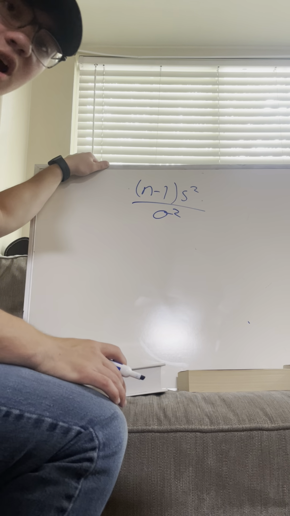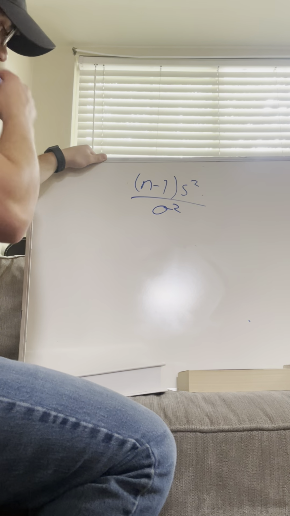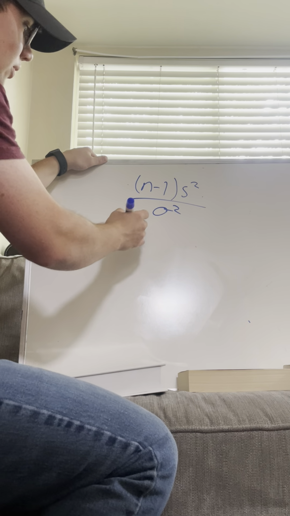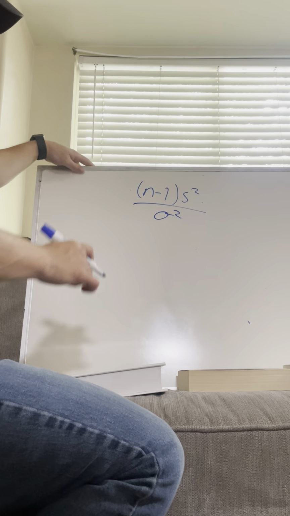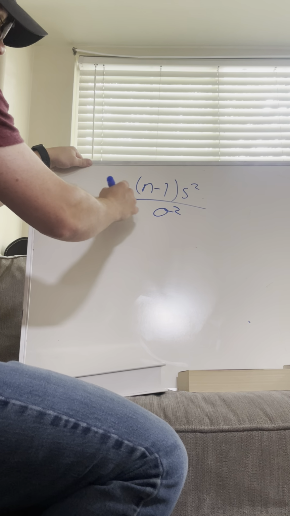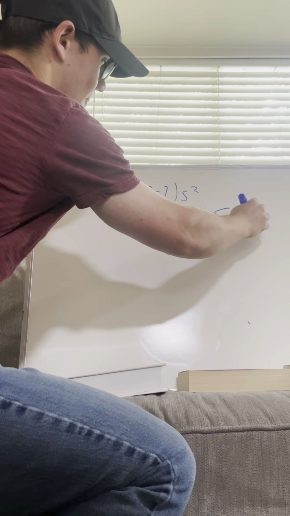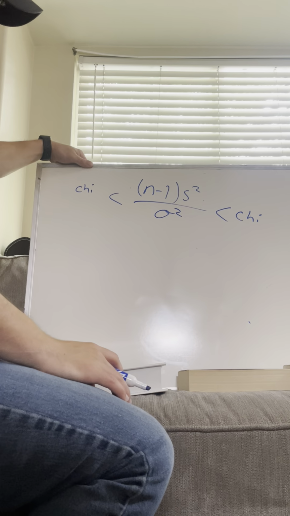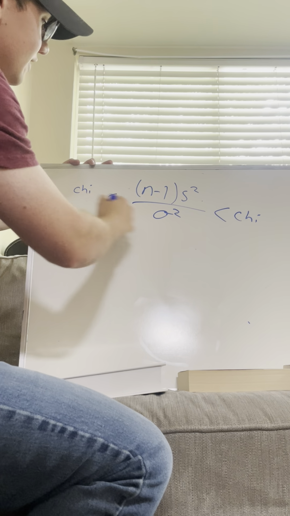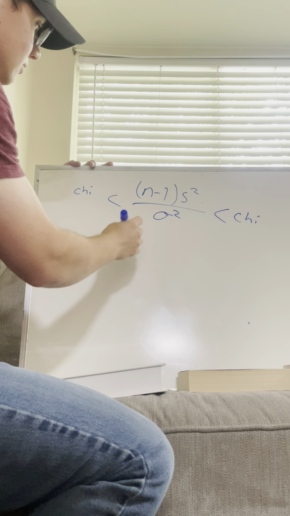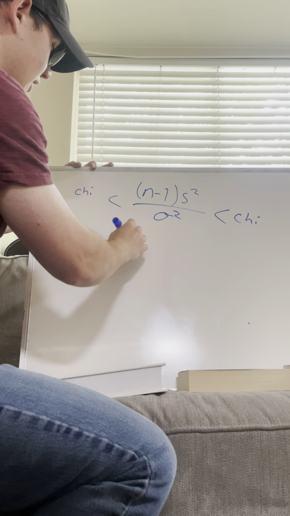If we're finding a confidence interval with this, we need to get sigma squared by itself. We know that this is going to lie between some values on the chi-squared table. So in order to get sigma by itself, we can divide these chi-squared values by n-1 and s squared.